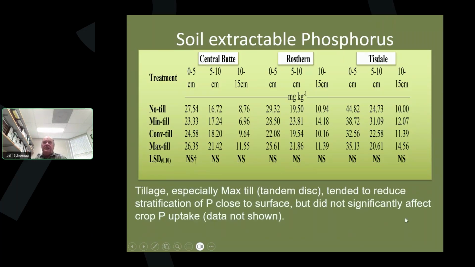So the tillage, and especially when we look at that maximum till, tended to reduce that stratification of the phosphorus close to the surface because of that mixing, homogenization. But when we looked at the phosphorus uptake, we really couldn't find any significant effect on that. Now, maybe if we fast forwarded with another 15 years of no-till and more stratification, maybe we might see more of an impact. But in this particular case, we didn't.